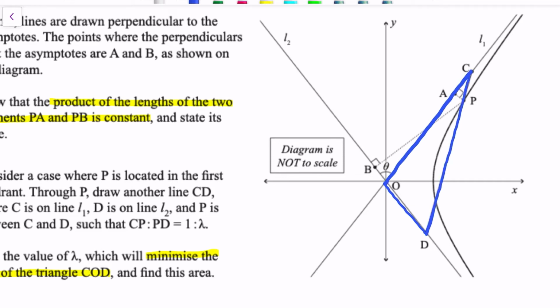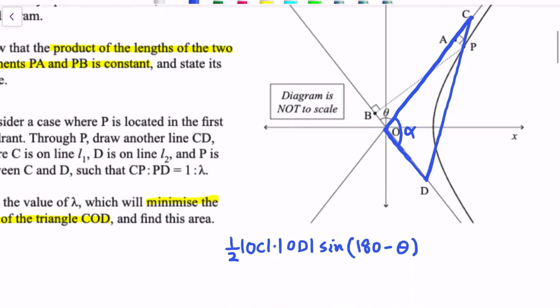Now, half AB sine C gives us the area of that. That angle alpha is actually 180 minus theta. So I've got a half, the length OC, the length OD, and then I've got sine of 180 minus theta.